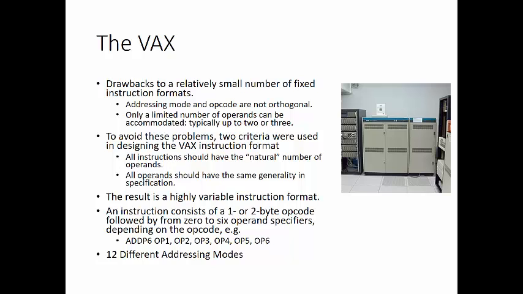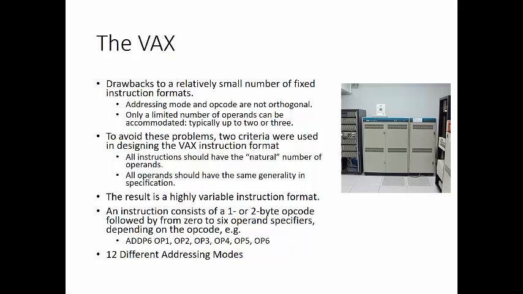Op1 and op2 specify the length and starting address of 1 decimal string. Op3 and op4 specify the second string. And then these 2 strings are added, and the result is stored in a decimal string whose length and starting location are specified by op5 and op6. And this thing had 12 different addressing modes, so again, quite complicated.